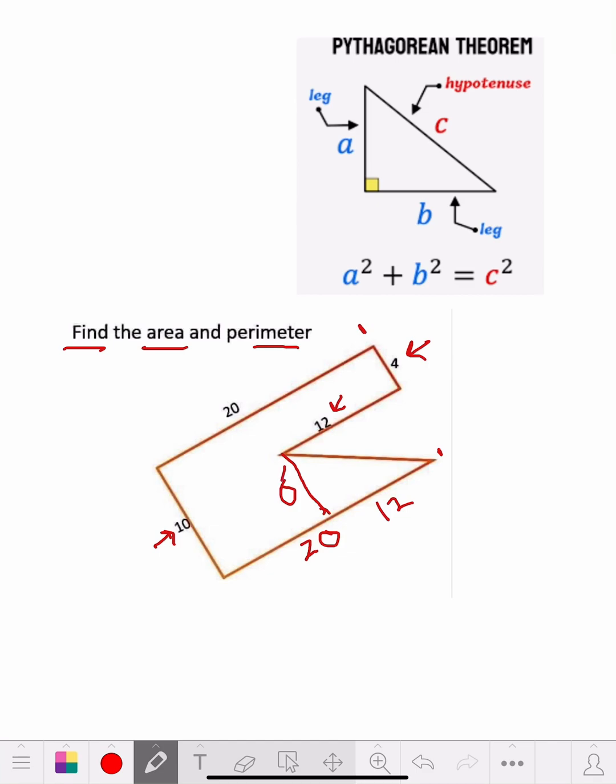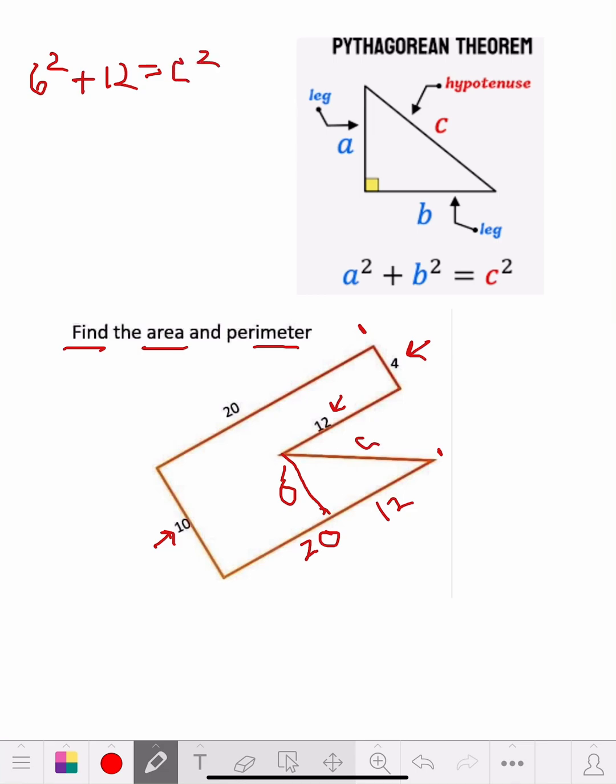So let's see. It's 6 squared plus 12 squared equals, this would be c, c squared.